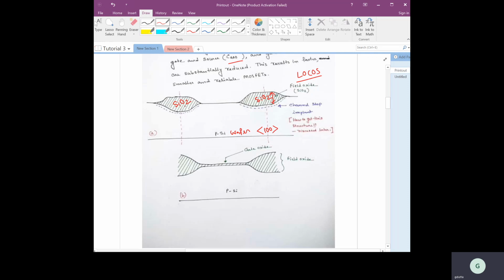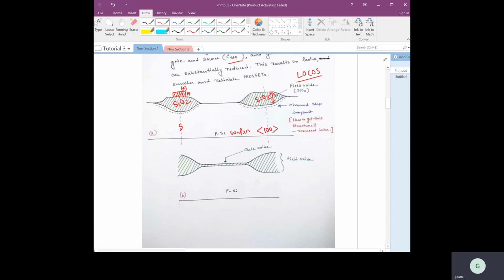Now, why do we really have to make this region quite thick? That is because, if some metal line is going on top of this field oxide, and if you apply some positive voltage on this metal line, then what will it do? Here you can see it is again a MOS structure, metal oxide semiconductor.